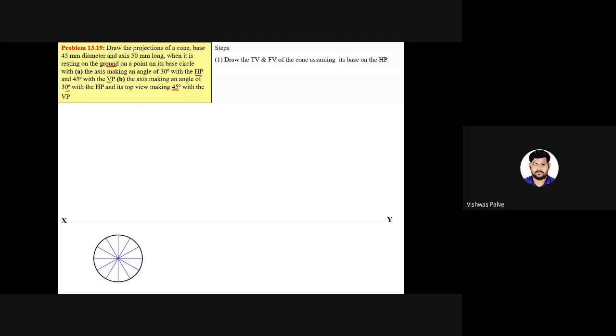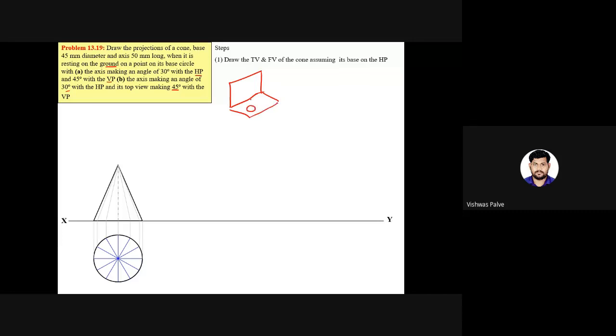So we have to tilt this object. But in the stage one we are going to draw it with the axis perpendicular to HP. So this is the base when the object is going to rest on a horizontal plane. So just have to imagine that, right? A cone which is going to rest. Suppose if I want to draw its 3D view.